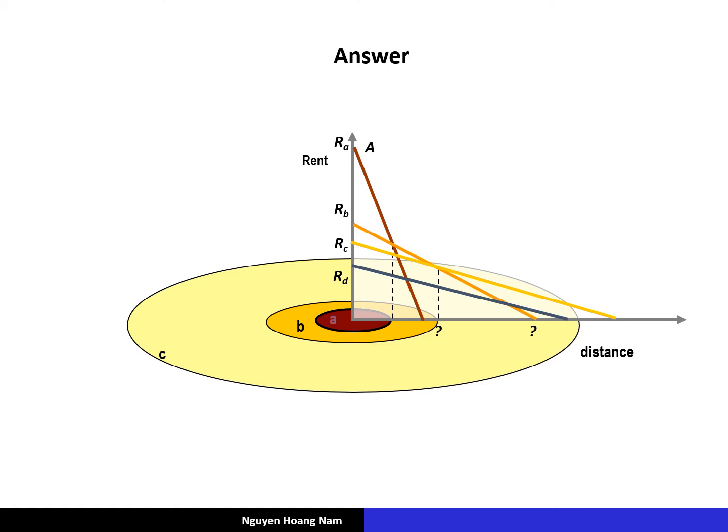So we can easily see that line C cut line B before line B can cut line D, which is this point. So this point is before this point. If you look from left to right, this point is before this point.